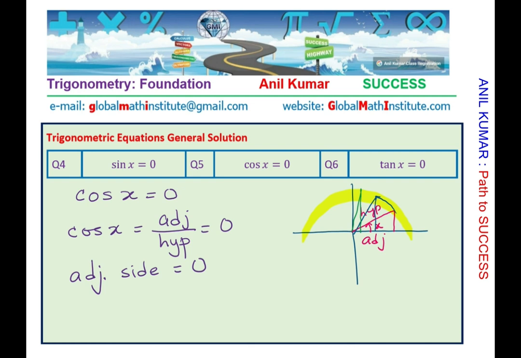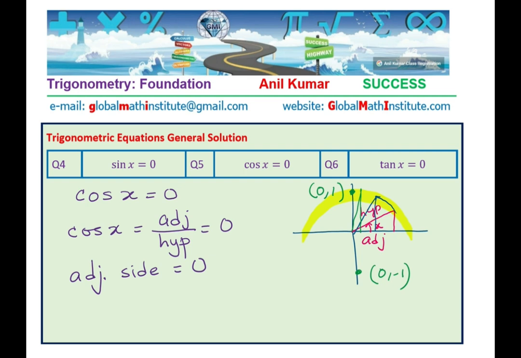Hypotenuse or radius of this circle remains same. So at this particular point, which is at 0, 1 for a unit circle, we have cos as 0, right? So cos is 0 at this particular point. Also, you will see if you further move on, the point which is right there, which in this particular case is 0, minus 1.